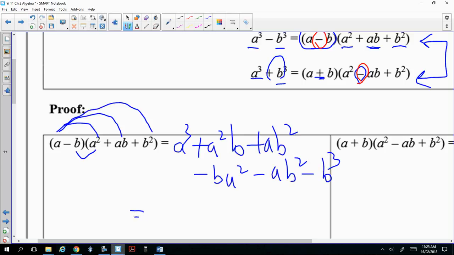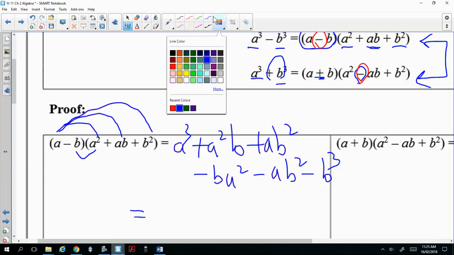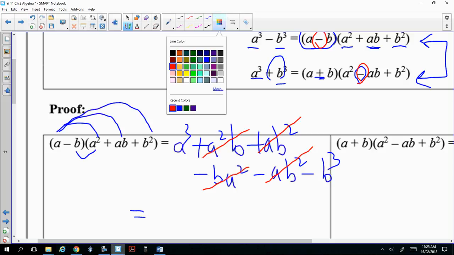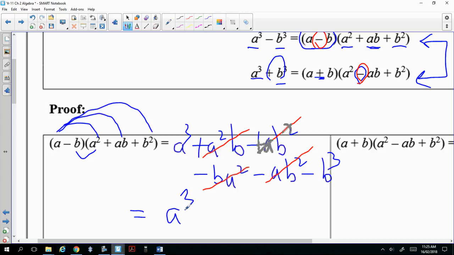Hopefully you see the cancellation. After expanding, the ba squared and the a squared b get cancelled because they are opposite sign, and the ab squared and the negative ab squared get cancelled. The only thing that survived is the a cubed and the minus b cubed.